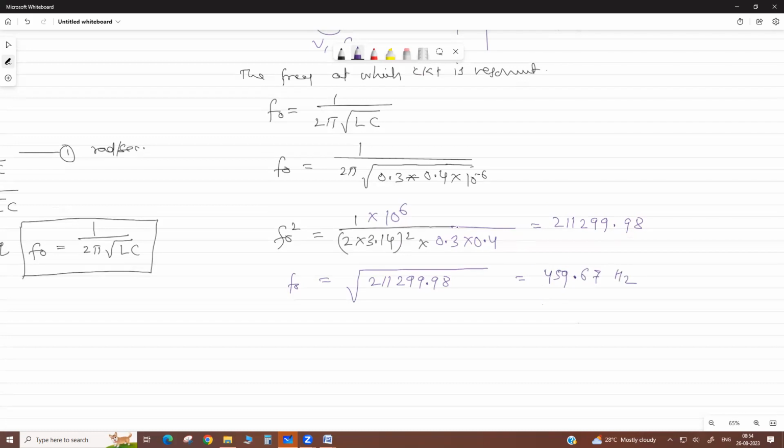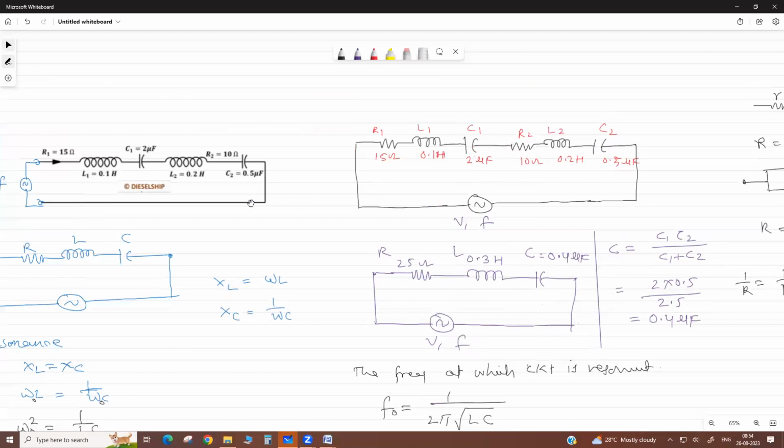So this is the frequency at which this circuit is at resonance.